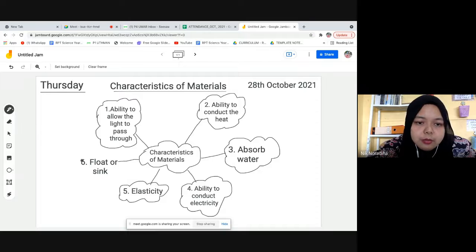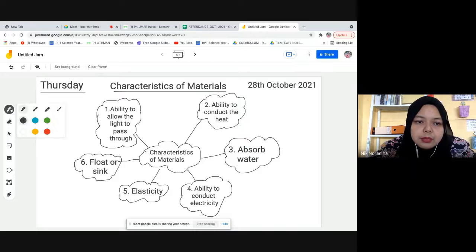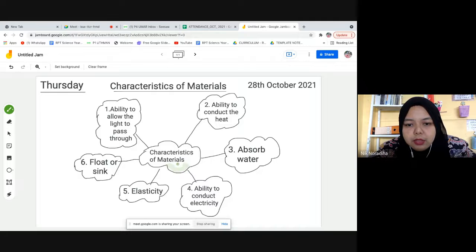Teacher hopes that at the end of our class today, you do revision of what we have learned. Take your time to try to memorize. If you cannot memorize six, at least three. So this is basically what you have to do today, simple only. Later you need to take a photo of your notes, then upload it at the Seesaw activity. Teacher wants to see your notes.